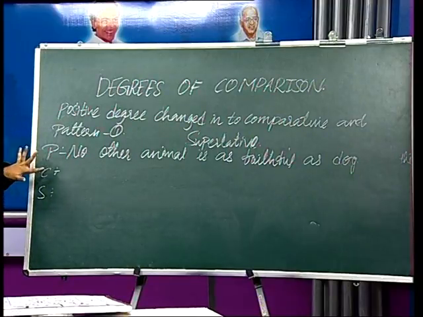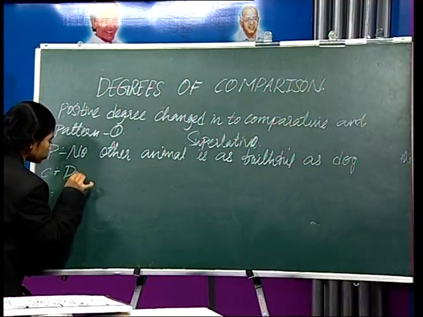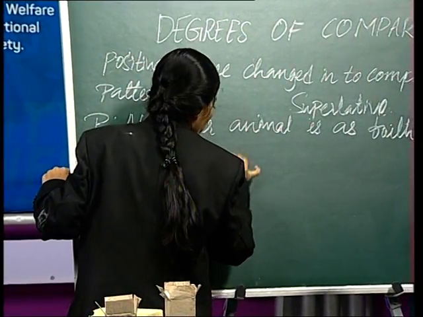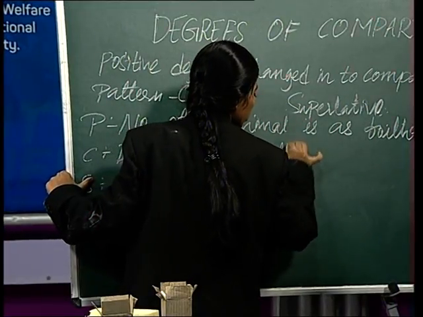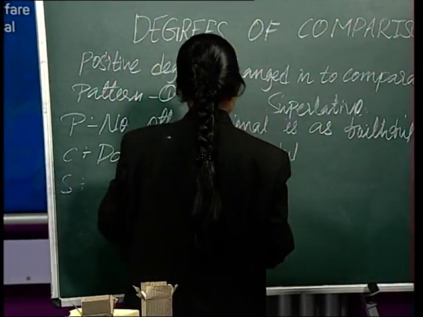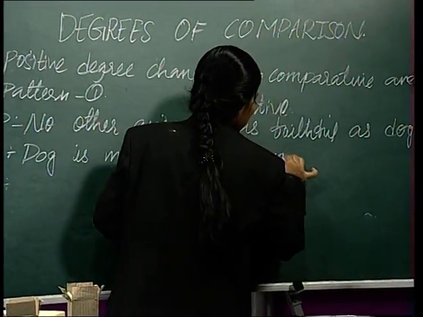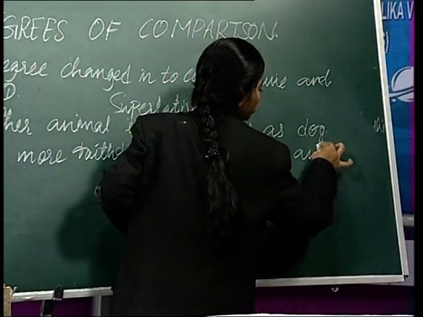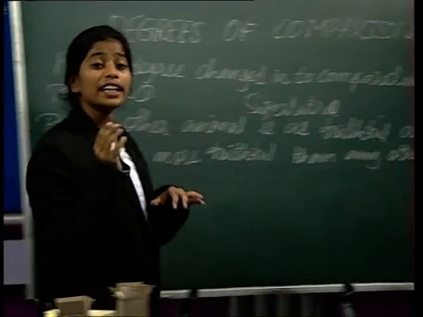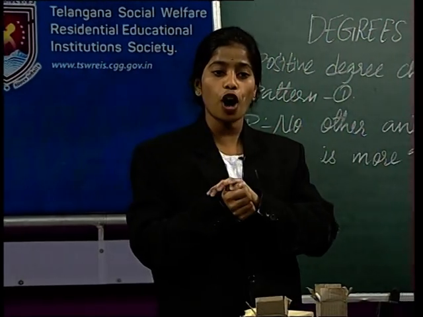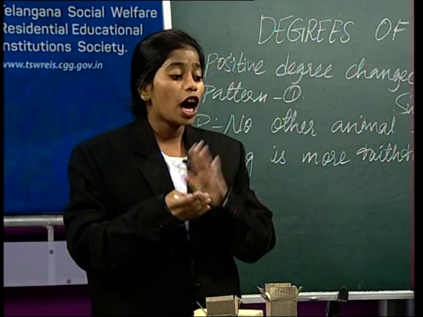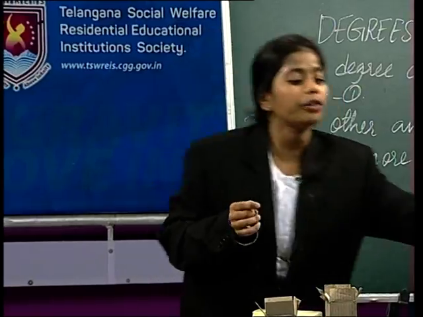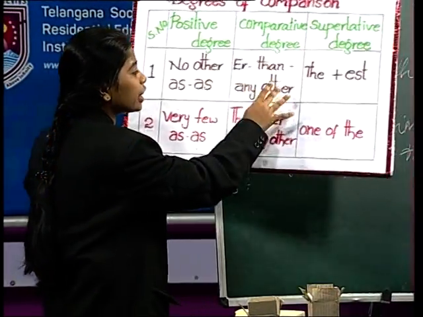So, in the comparative form, dog is more faithful than any other animal. So friends, what we have discussed here is that in the positive degree, when no other ... as is present, while coming to the comparative degree, than any other is added.